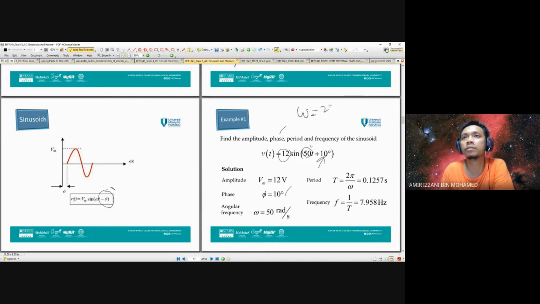Omega equals 2 pi f equals 2 pi over T. So just switch T and omega, we get the period, and then the frequency is 1 over T. We get this, so we can get the frequency. That's it. It's a simple example of how to identify the elements of the sinusoid equation.